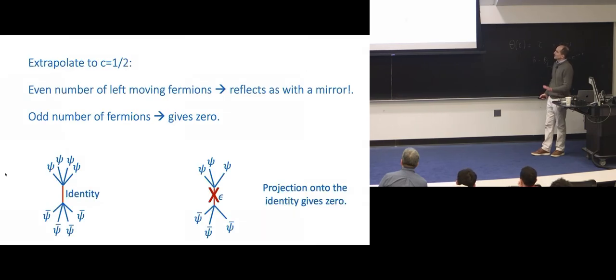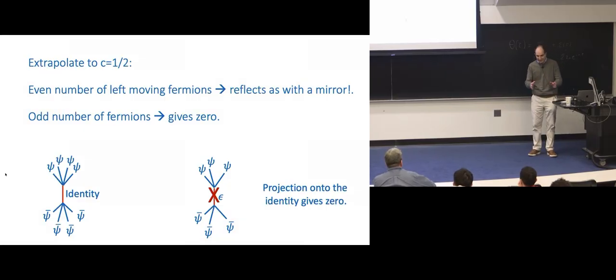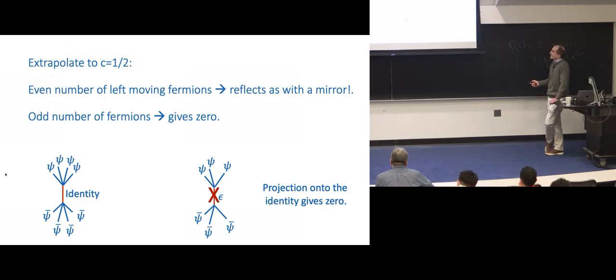Now let's extrapolate to c equal to 1/2. Here we are imagining that we have a black hole. The black hole could be big, but the only degrees of freedom interacting with the outside are just the Majorana fermion. In this case, if we consider a situation where we have an even number of Majorana fermions, left and right movers, and the identity, then when we fuse all the fermions and project to the identity, it's the same as if we had done no projection.